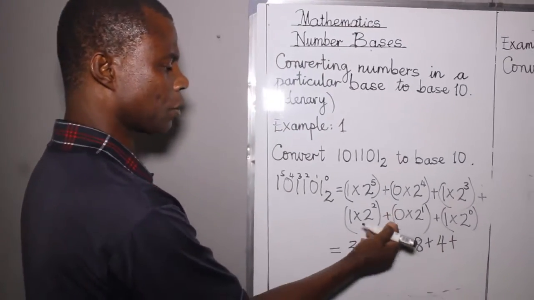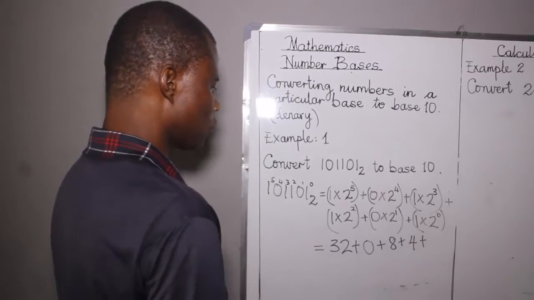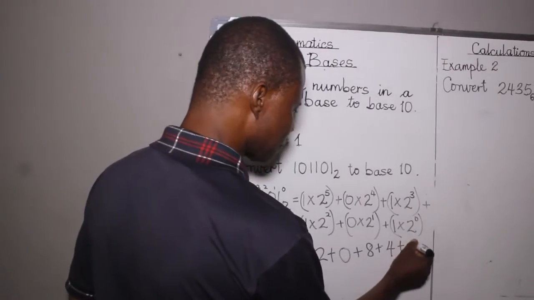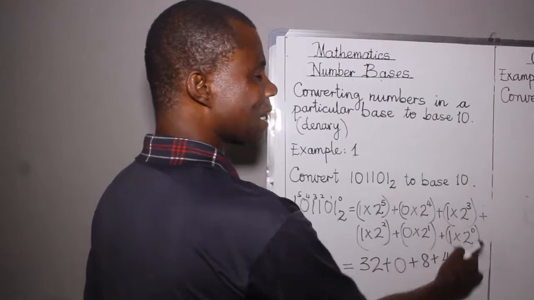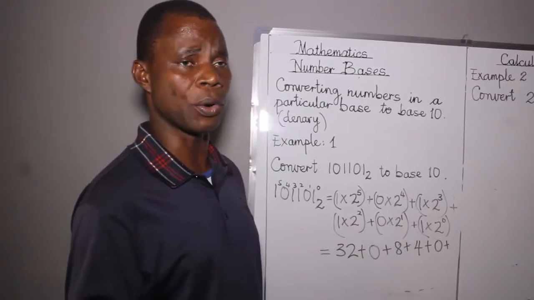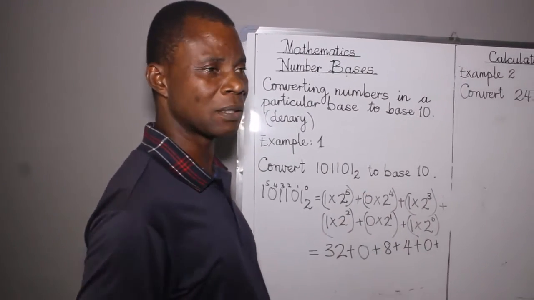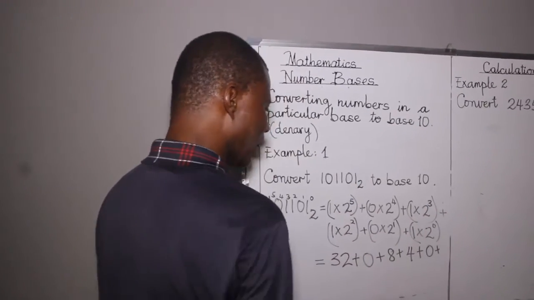We come to this, 0. 2 to the power 1 is equal to 2. So 2 times 0 is 0. Plus 2 to the power 0. I told you earlier that any figure to the power 0 is equal to 1. Even 700 to the power 0 is equal to 1. So 1 times 1 is 1.